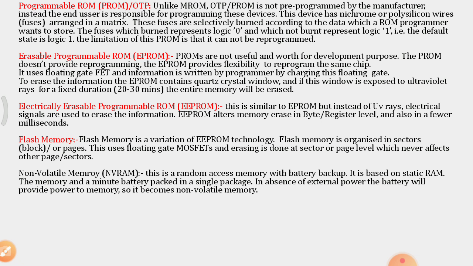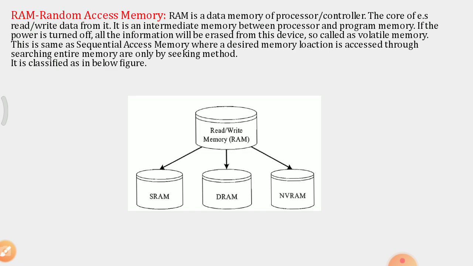Then we will move to RAM, random access memory. So RAM is a data memory of a processor or controller. A ROM is a code memory and RAM is a data memory. The core of an embedded system reads or writes data from this.